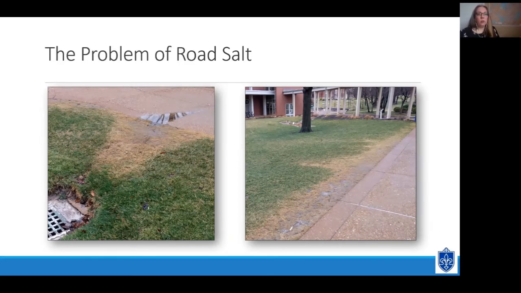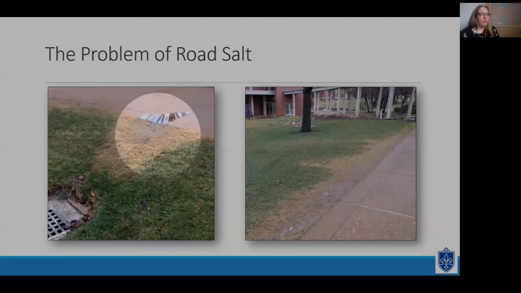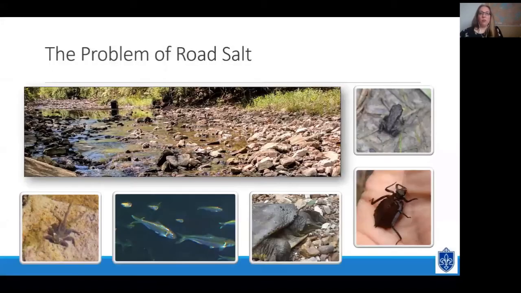And so that salty stormwater runs off the pavements, into the grass, and then also into storm drains. And from those storm drains, it's transported as runoff into nearby streams. So these are freshwater streams, and the animals that live in these streams and rely on them for survival have adapted to freshwater conditions. Yet every winter, aquatic life is exposed to highly concentrated salt from runoff, potentially creating toxic conditions for them.